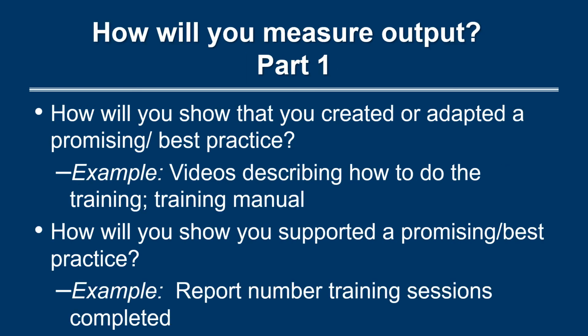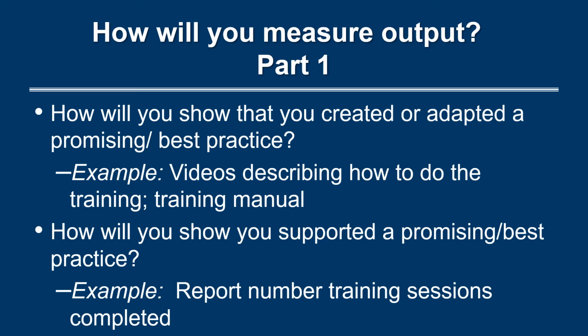Now let's think about how to measure outputs. The measurements you choose will depend on your program, staff, and other resources. For example, how will you show that you created or adapted a promising or best practice? You could create videos describing how to do training or create a training manual. How could you show that you are supporting a promising or best practice?